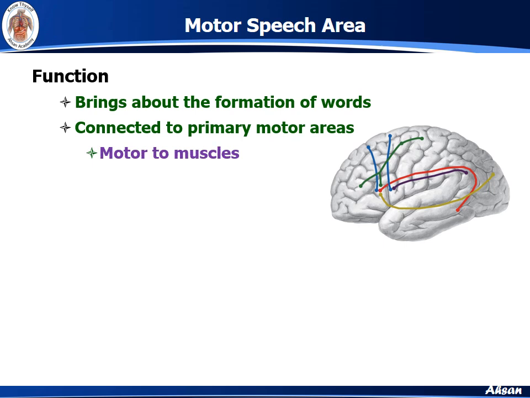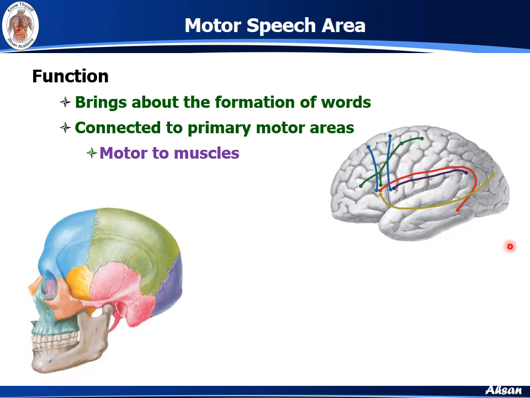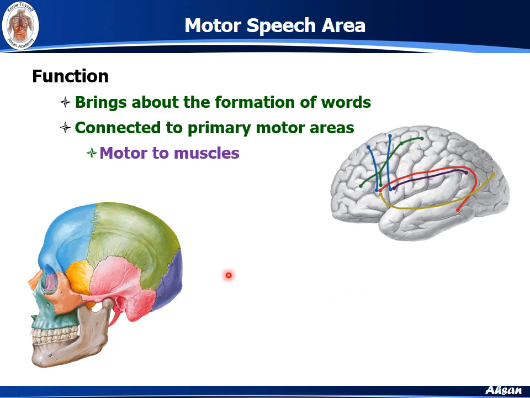It supplies the muscles of speech, thereby controlling the production of speech. This area is also connected to different parts of the cerebral hemisphere, contributing to behavioral patterns, emotional output, and so on. Clinically, this area is significant.